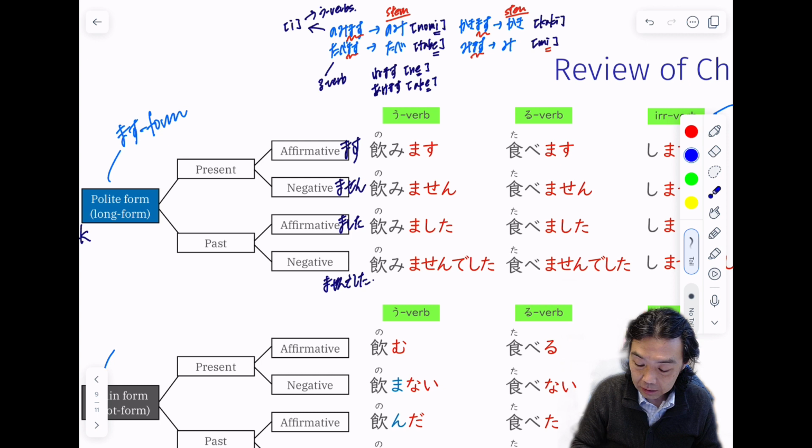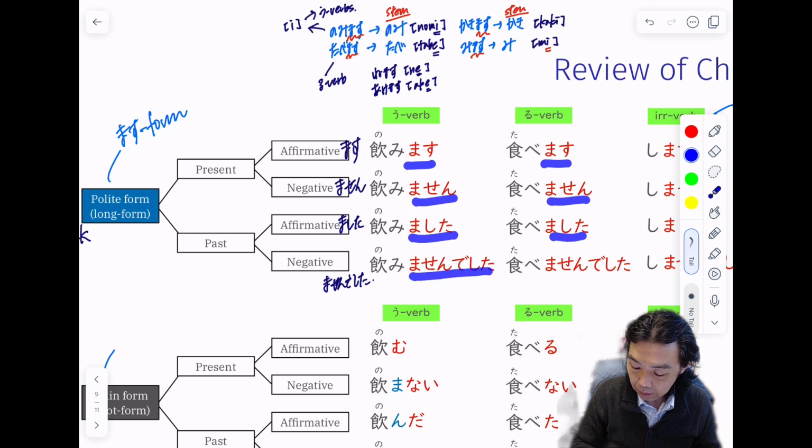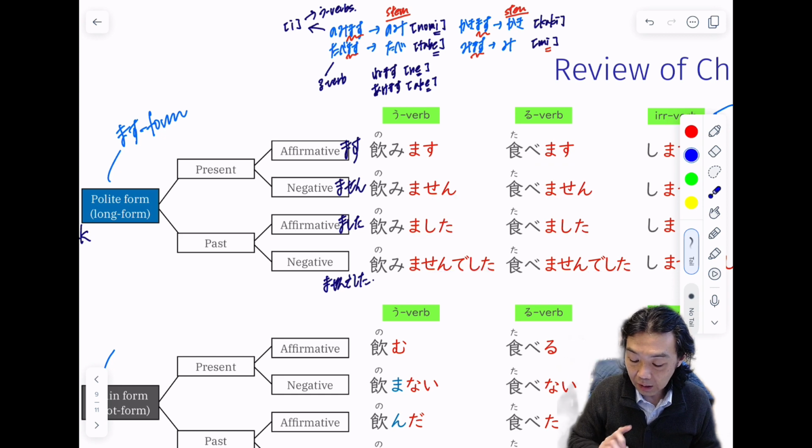Same way, 食べます is 食べます、食べません、食べました、食べませんでした。Okay? And then you see that exactly the same words are used regardless of the verb types.